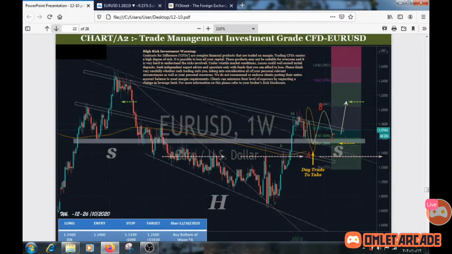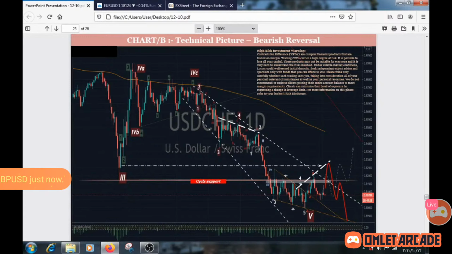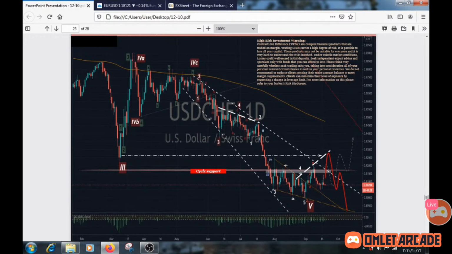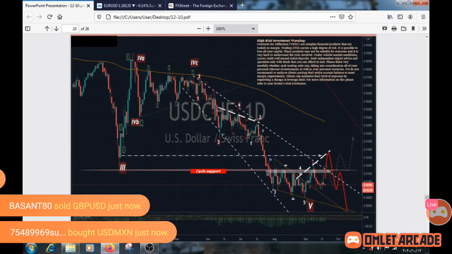The next issue after that is the United States dollar against the Swiss franc. We've changed bias on that issue, that is quite important. We have changed bias. Remember of course that we were going to be long that issue because there were inverted heads and shoulders below that red line.